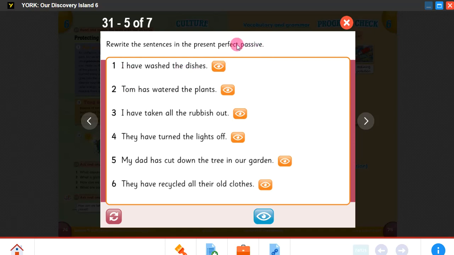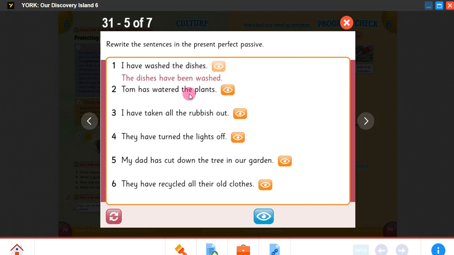I will change it to passive, which means I will start with the object. So the object here will be at the beginning, and then I will add been. So yes, the dishes will be here at the beginning. The dishes is plural, so I'm going to use have, not has. The dishes have been washed.